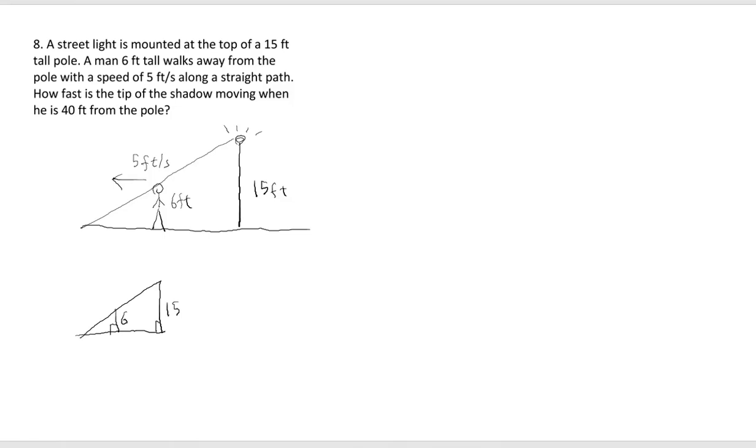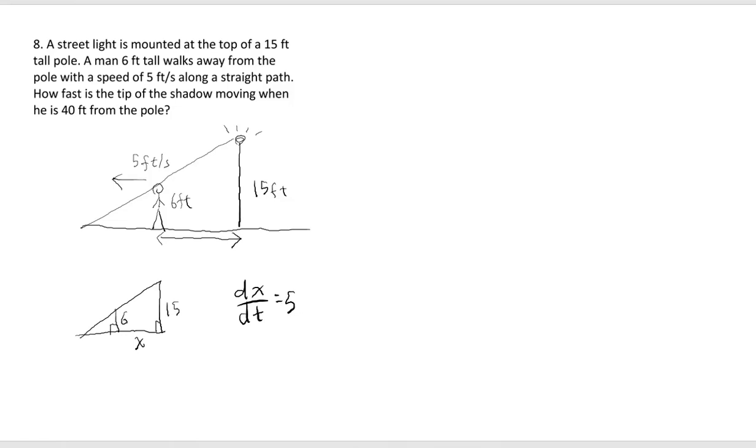So we have to express 5 feet per second as the derivative of something. So what changes as he moves away from the pole? Well, the distance from the person to the lamppost changes, right? It becomes greater and greater, and it increases at the rate of 5 feet per second because that's how fast he's moving. So we should assign a variable x so that we can say dx dt is equal to 5.